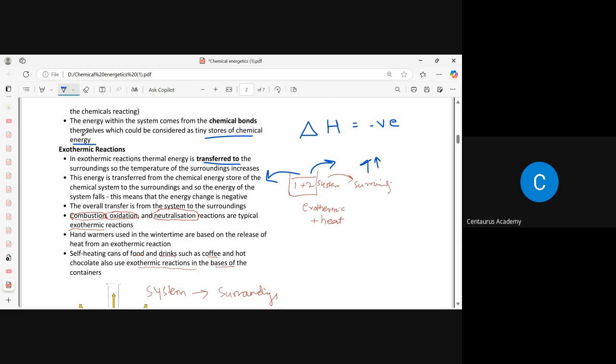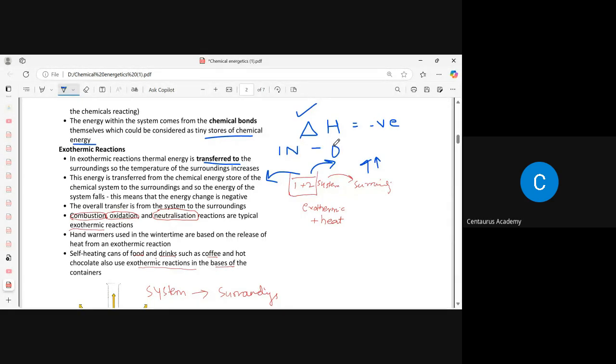How do we consider whether the whole chemical reaction is an endothermic reaction or an exothermic reaction? By looking into the energy which is taken in to break the bonds, and the energy which is given out while forming the bonds.